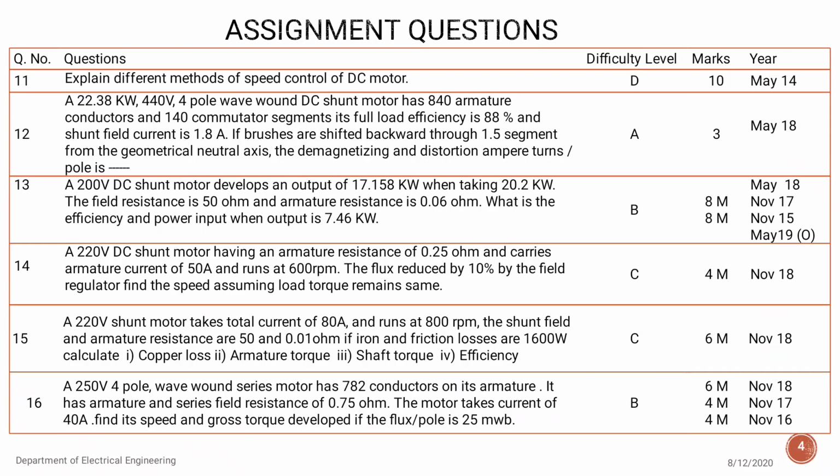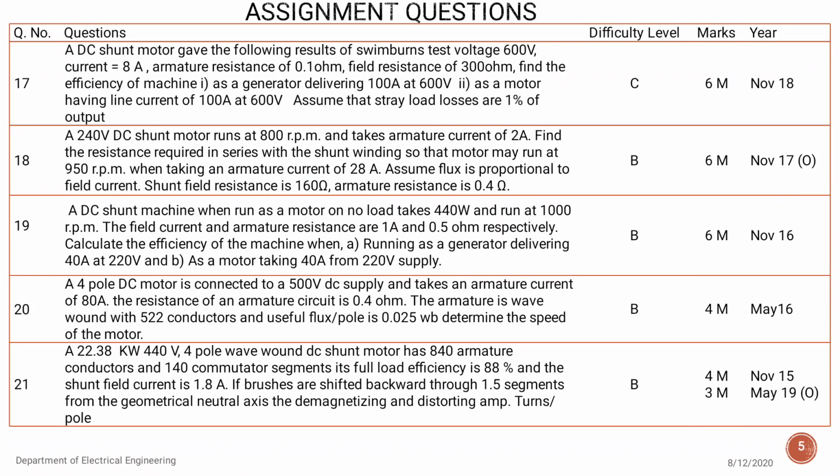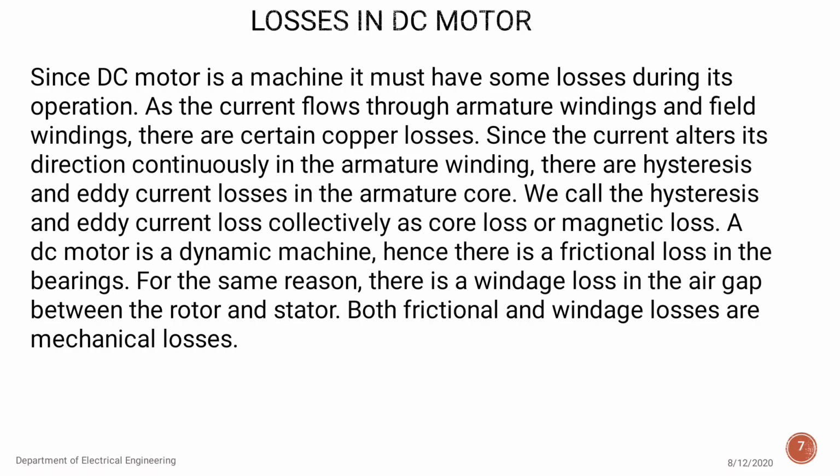Losses of a DC motor. First thing, as I told you, a DC motor is a machine which has some kinds of losses while it is in operating condition. As current is flowing through the armature as well as the field winding, due to the current there are copper losses.